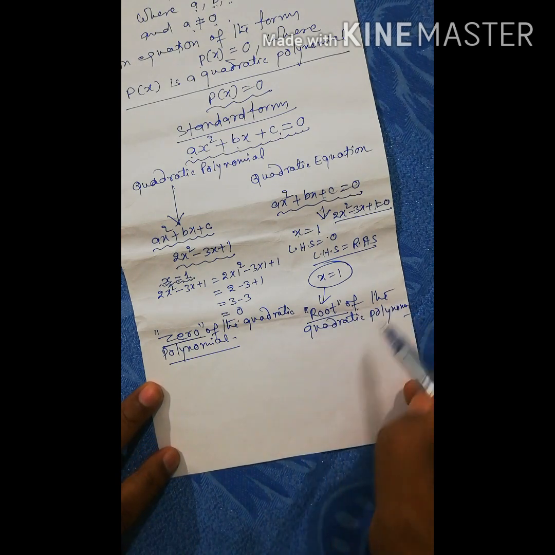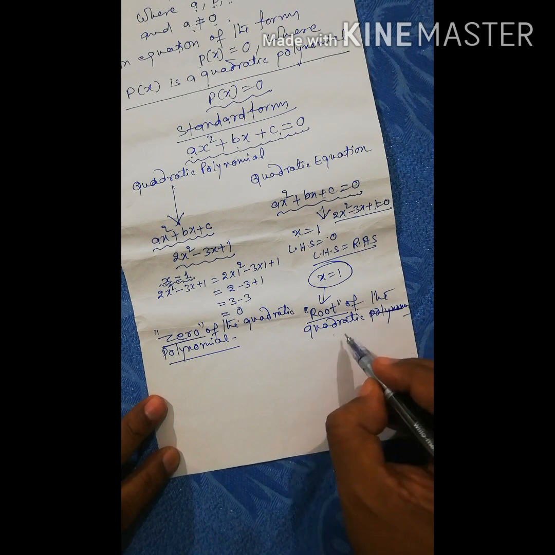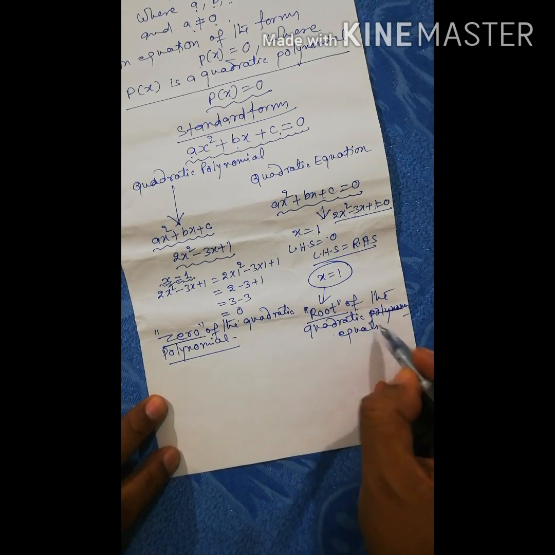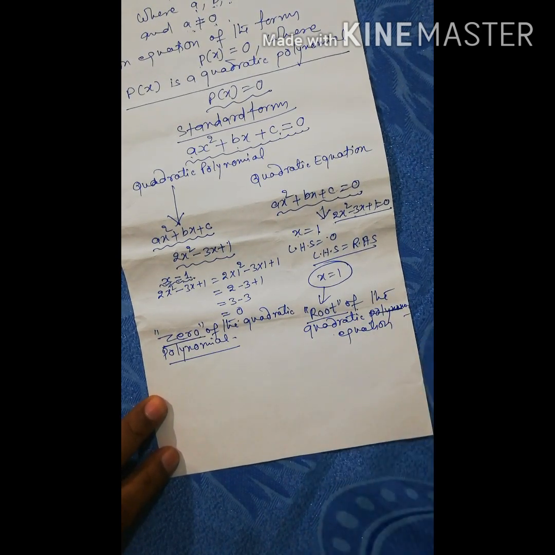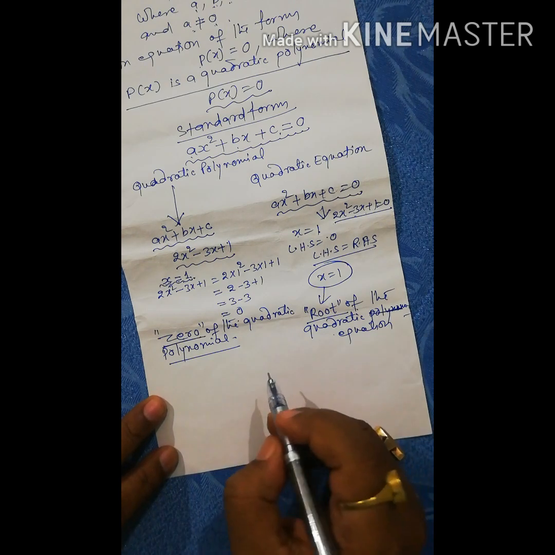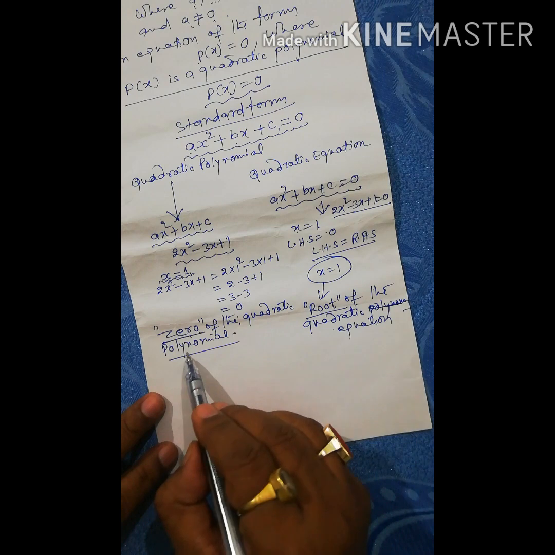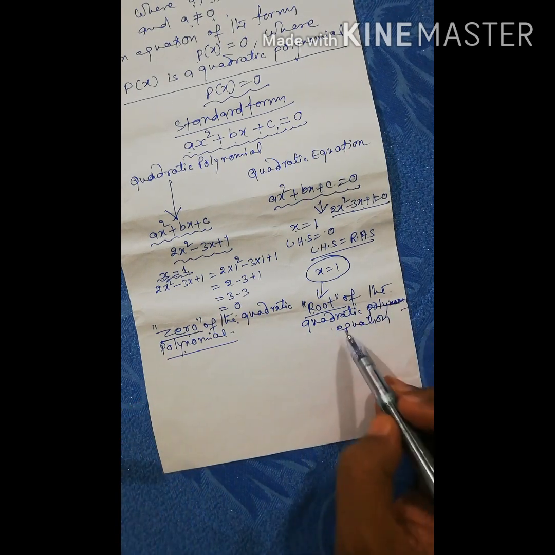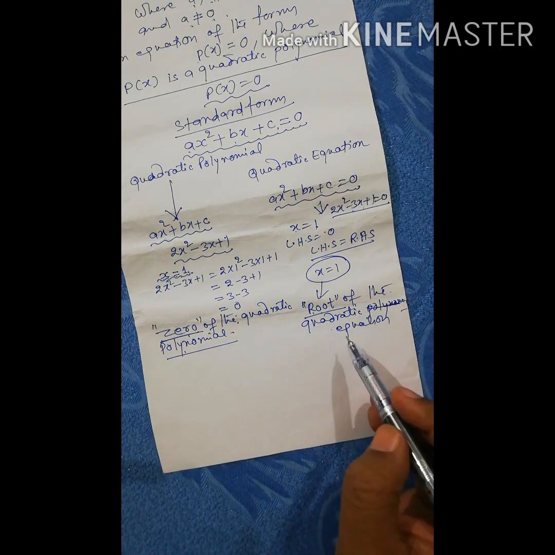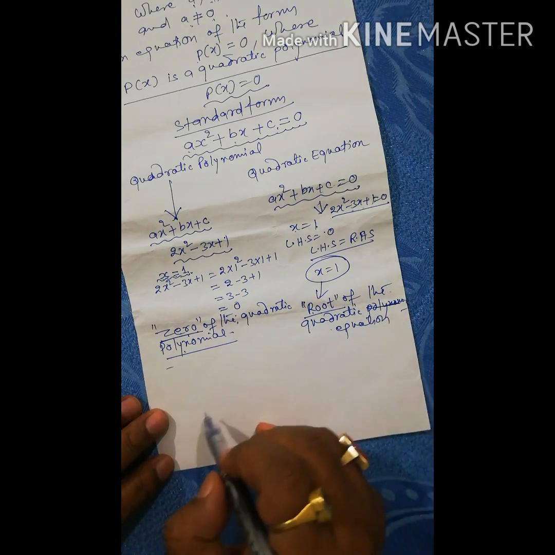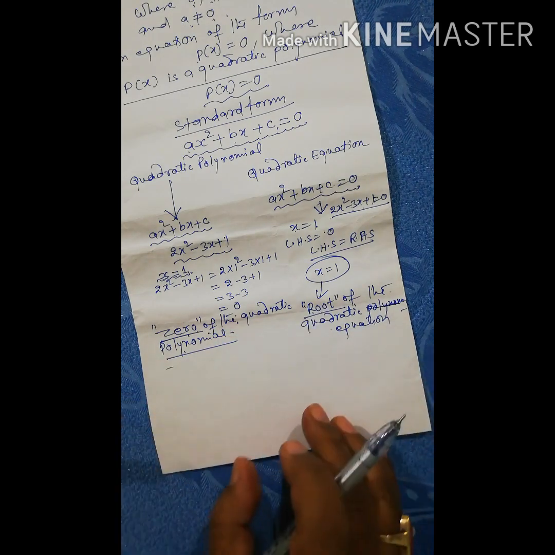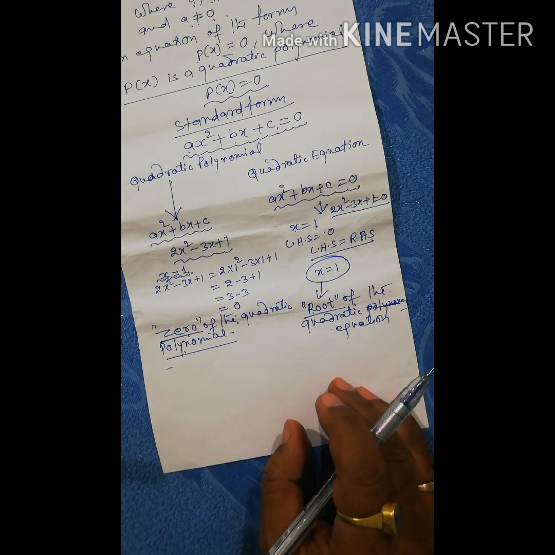So the zero of a quadratic polynomial and the root of a quadratic equation are the same thing, but we term them like this. I think it is clear.